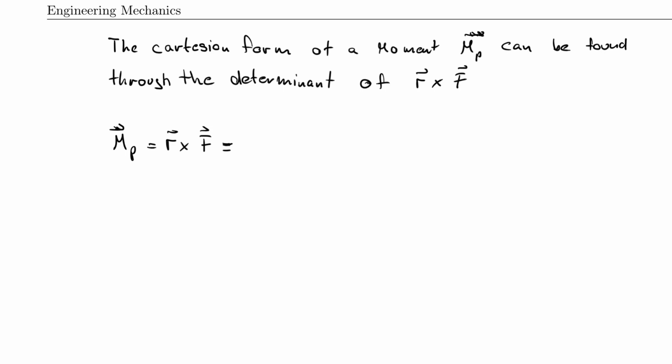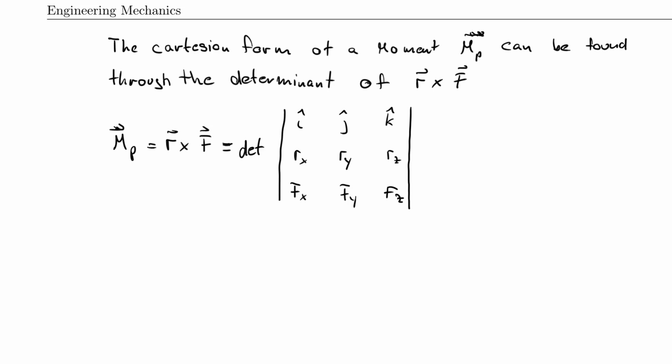But the one we usually end up agreeing on is the I, J, K matrix, and then we put Rx here, Ry here, and Rz here, and Fx, Fy, and Fz here, and then we find the determinant of this construct. And that is how it's usually spelled out.